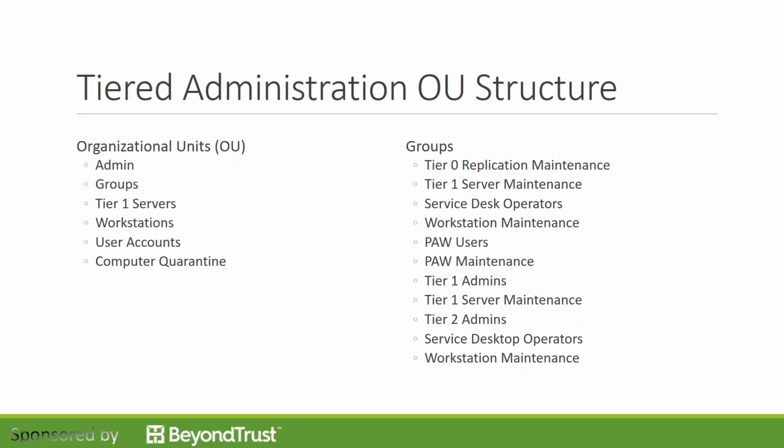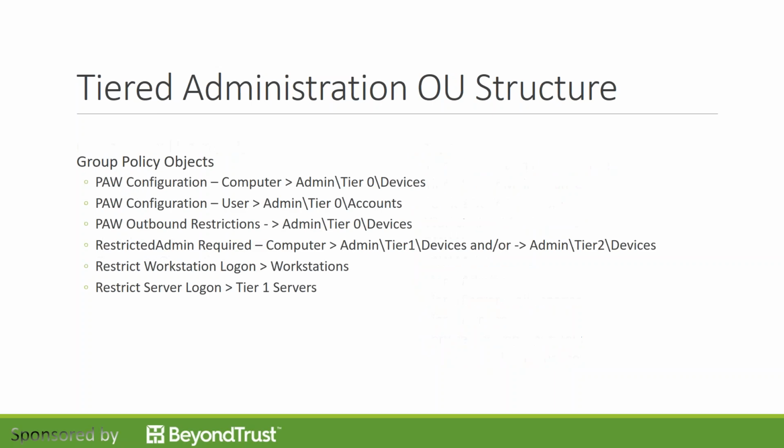As well as the OUs and the groups, we also get a series of group policy objects. Unfortunately, the scripts don't create these group policy objects. You will need to create them and link them to the necessary OUs yourself. There is just one exception to that, and that is the port outbound restrictions.